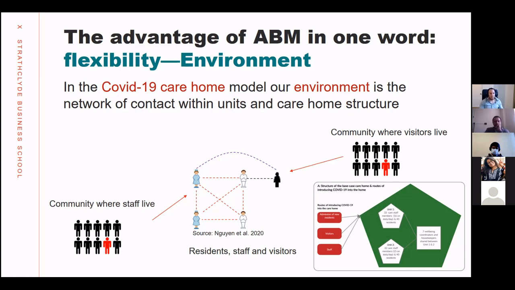All of these factors provide the context of our model, the context for these agents in which they interact. The environment is also described by the different agents that other agents interact with within that model.